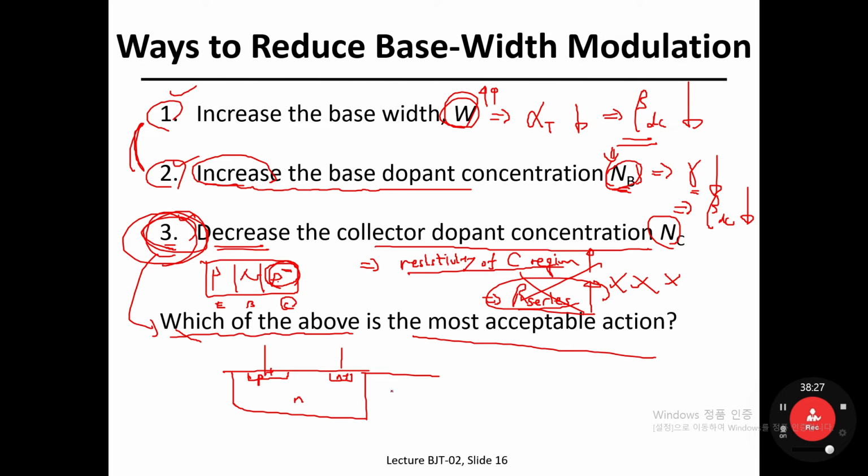And here is a P, and below it, very heavily doped P plus region. So this is collector, base, emitter. Okay, and this is metal contact. So MS contact, and here another MS contact.